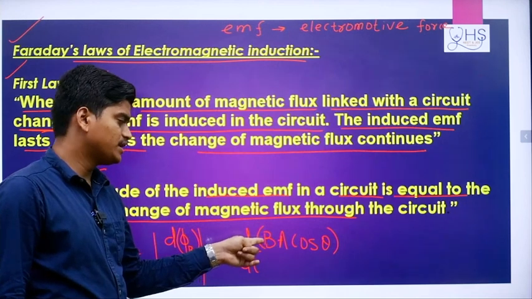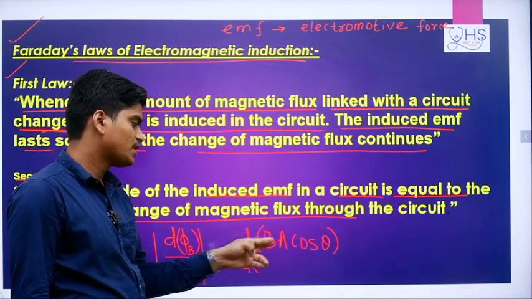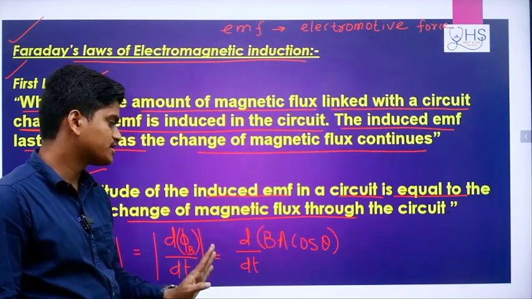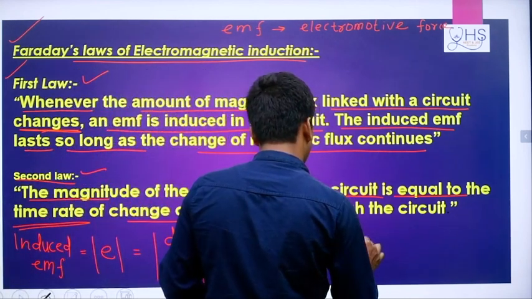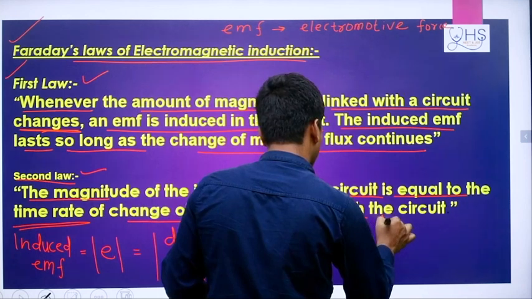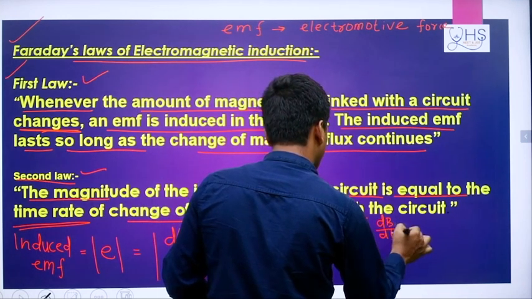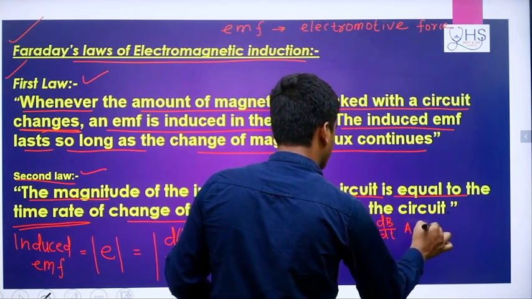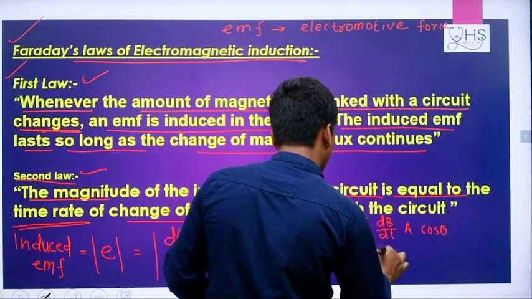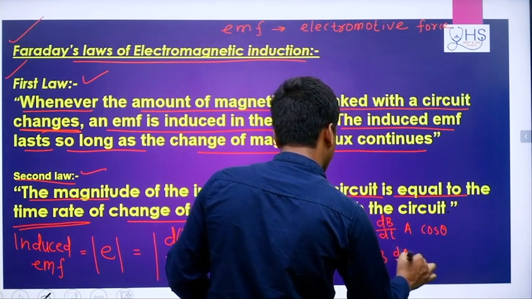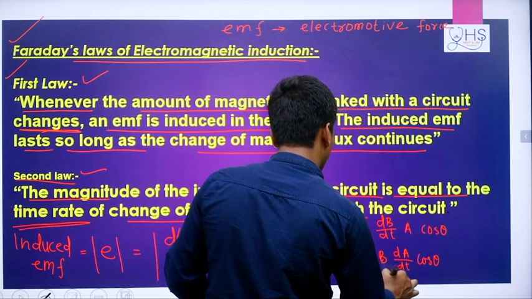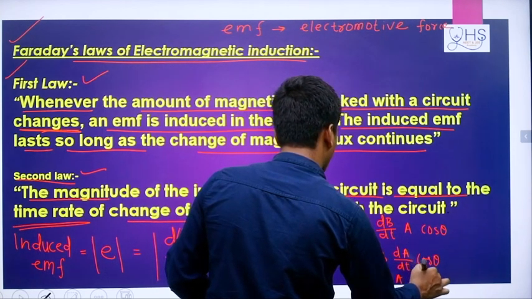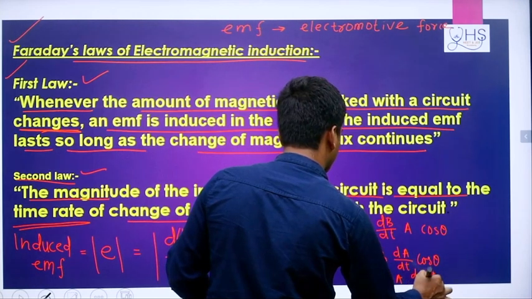And suppose the magnetic field is changing, while area and cos theta are constant, then I can use it in many ways. I can use dB by dt times A cos theta, or B dA by dt times cos theta, or BA d cos theta by dt.